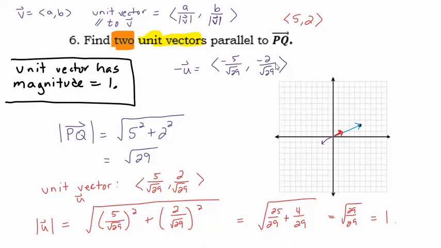That vector also has a magnitude of 1. I don't think it'd take too much convincing here. If you put negatives there, that would come out to be 1. And it is parallel to our vector PQ because it is a scalar multiple. It's actually being multiplied by 1 over square root 29.